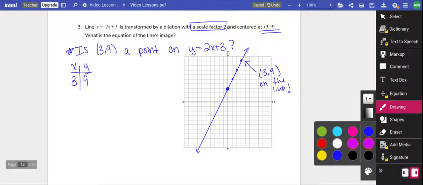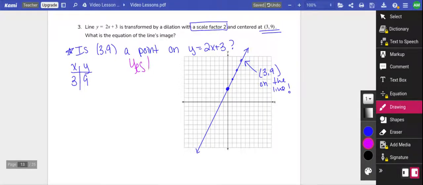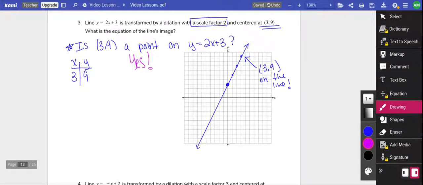So now that we know that it is a point on the line, yes it is, we can follow our rule that we just talked about on the last page.